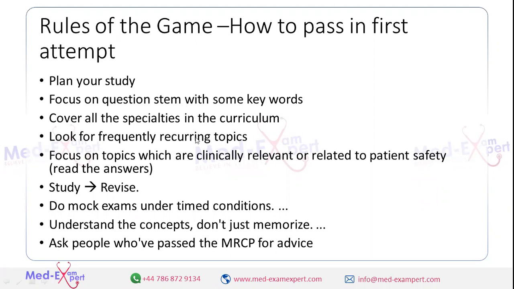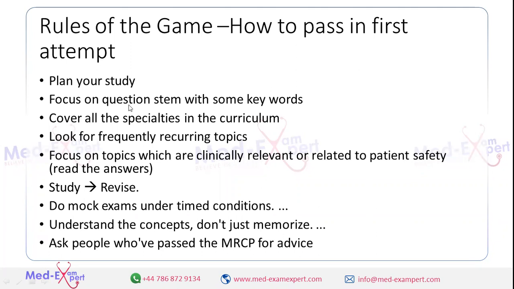The first thing is always to plan your study. Do not apply in a hurry. Make sure you have prepared well before your application. When you read the question, read the question stem carefully because there are keywords in it. For example, are they asking about the management, the diagnosis, or the specific treatment?